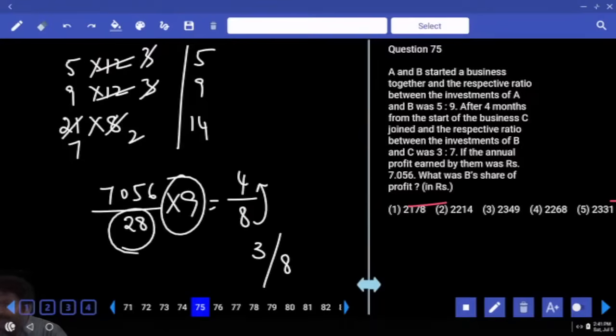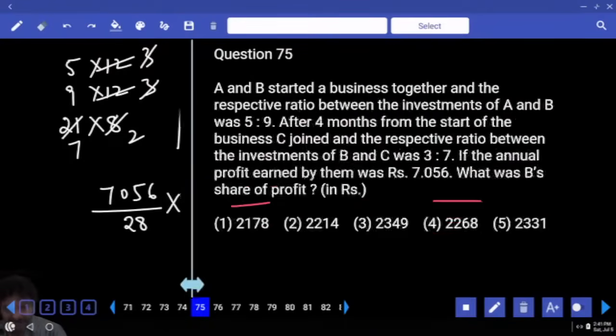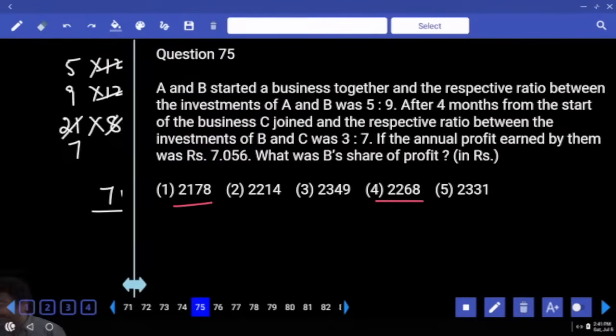Is your denominator a multiple of 3? Then your answer must be definitely a multiple of 9. Go to options which are ending with 8. Is your first option a multiple of 9? That can be your answer. Both are multiples of 8? Both are multiples of 9?